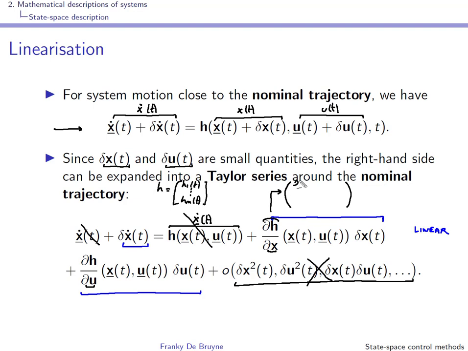It's the partial derivative of h1 with respect to x1 up to the partial derivative of h1 with respect to xn, and here the last row will be the partial derivative of hn with respect to x1, and here we'll have the partial derivative of hn with respect to xn.